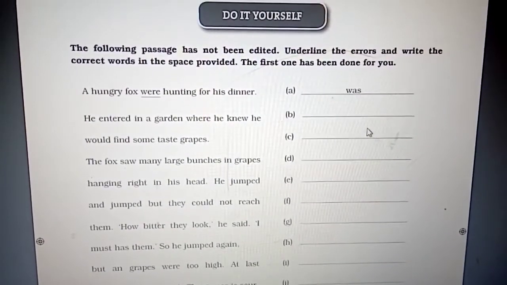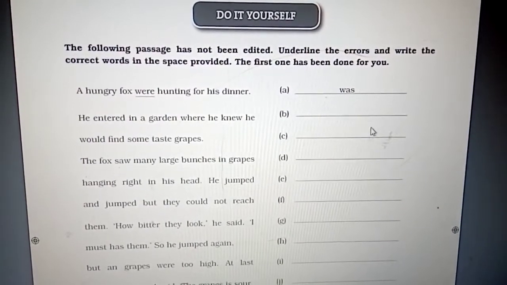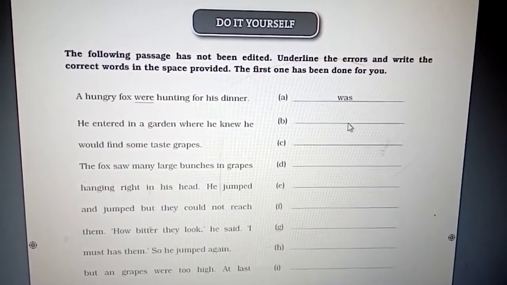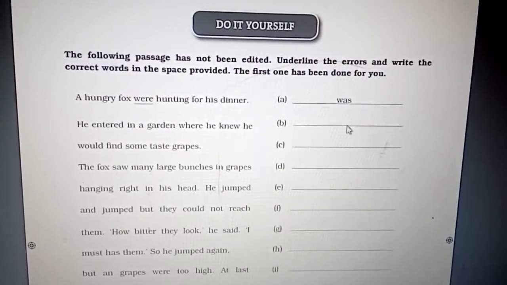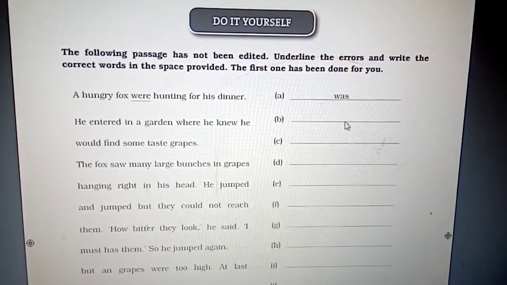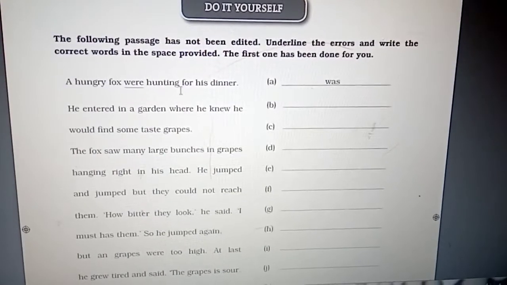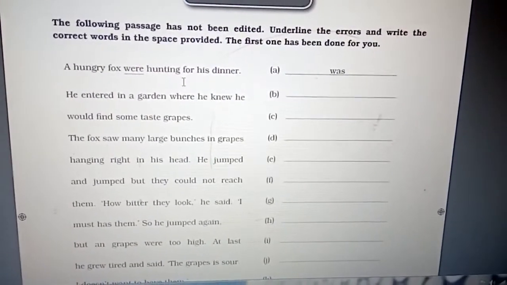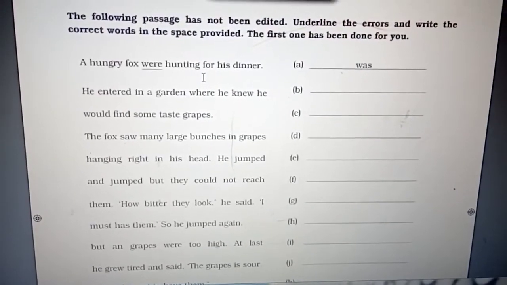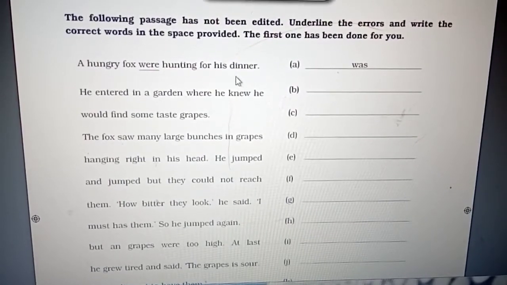A space is provided on the right margin to write down the correct words, and you have to underline the errors in this passage. One is done for your help. A hungry fox were hunting for his dinner.